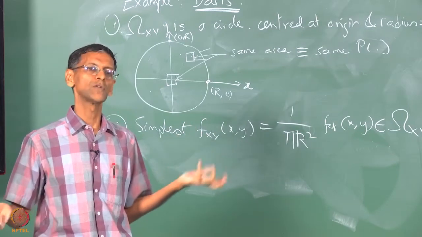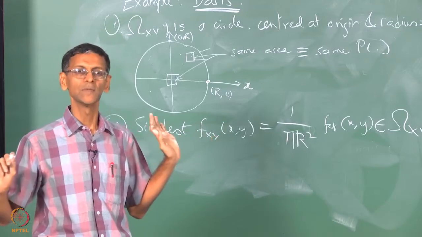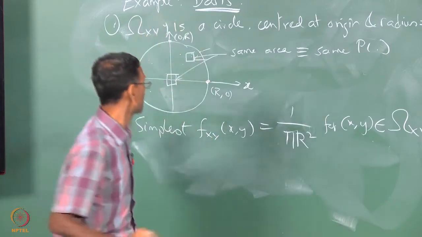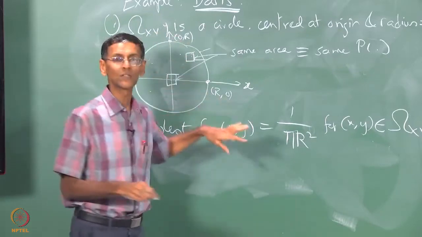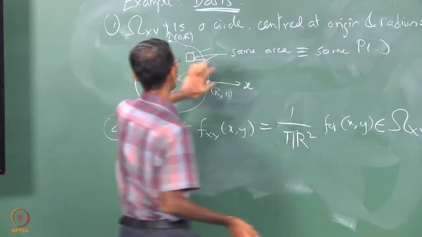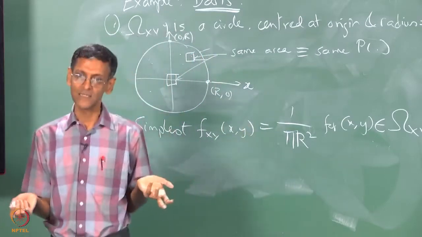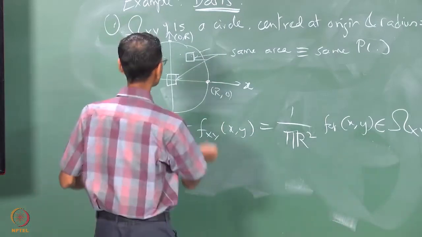That is true in every case of constant joint PDF. The probability calculation cannot get any simpler, because regardless of the overall shape of omega xy, for any region which is entirely inside omega xy, the probability of that region is very simple to calculate. If this region lies partly in and out, you only have to take the portion that is inside, that is also obvious. So what are we going to say here?